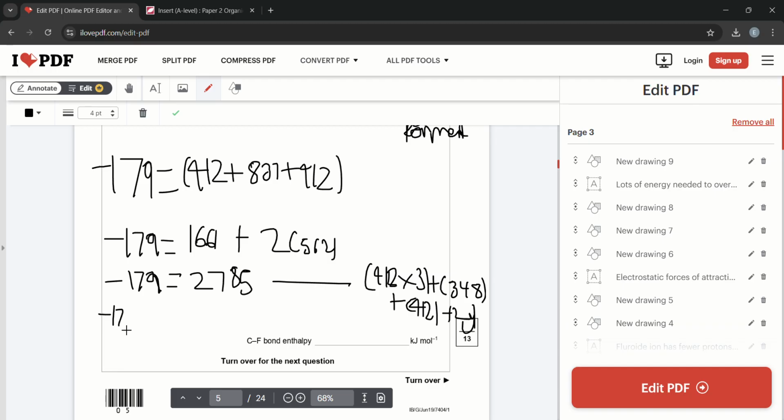So minus 179 equals 2785. Now let's put these numbers in a calculator.